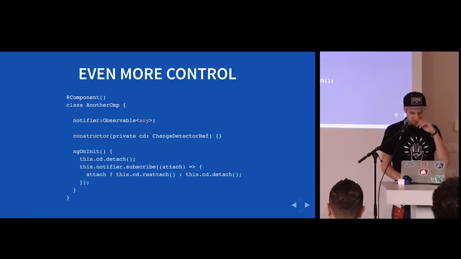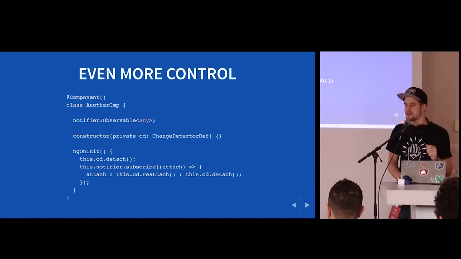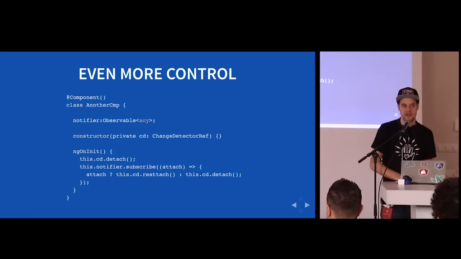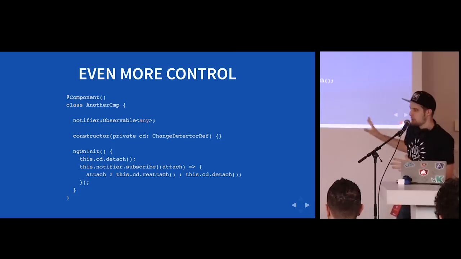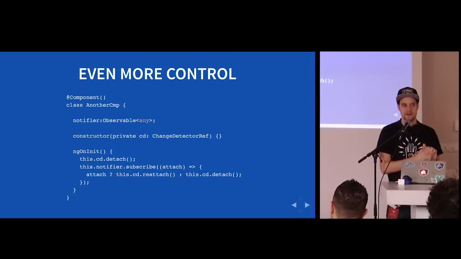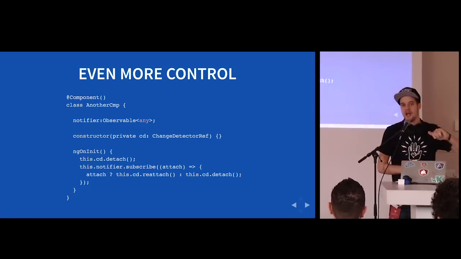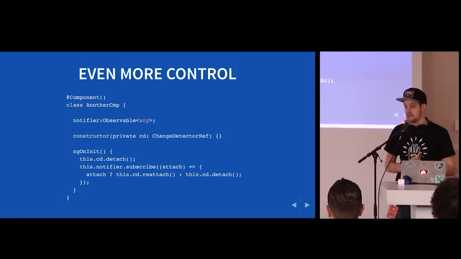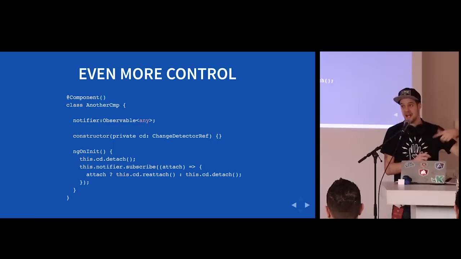Okay, and then one more thing. You have even more control. So you can basically decide when you have a component, let's say we have another component here, and maybe it has some data that is being displayed. It's like some list or something. And it's being updated through a server or whatever, like many times per second. You don't want to execute change detection many times per second, right?